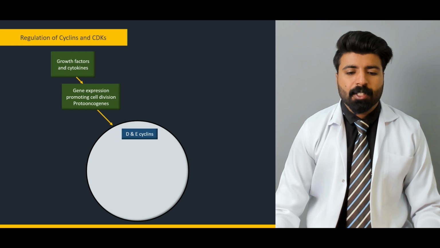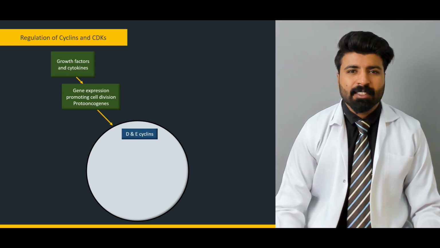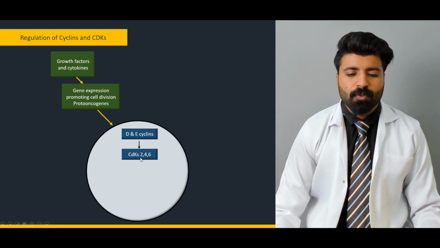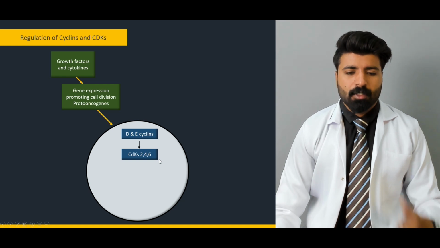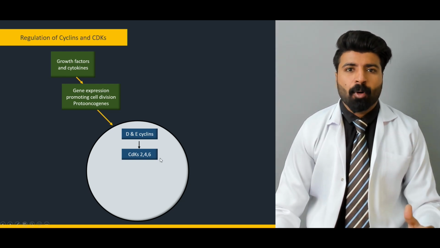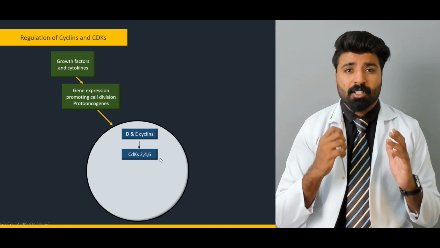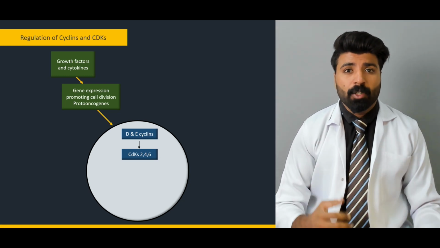Next, the production of D and E cyclins will happen. And what are D and E cyclins going to do? They're going to get attached to cyclin-dependent kinases 2, 4, and 6. We talked about which cyclins are most important: D basically, and E in some cases. So if D cyclin is important, the cyclin-dependent kinase which holds it must be important.